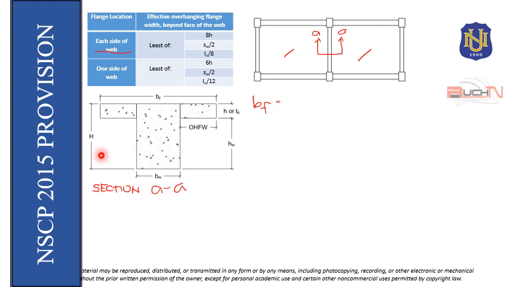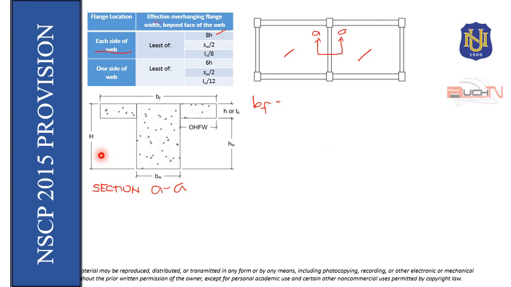Yung unang sabi doon is kakailanganin natin si 8H. Sabi kasi, each side of the web, naka-indicate sa table that the effective overhanging flange width beyond face of the web.